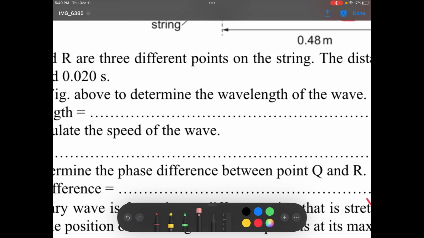For the speed of the wave, we will use V equals F times lambda.